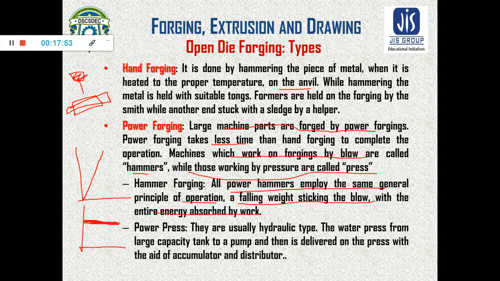In case of power press, what happens? The power presses are mainly of hydraulic type. They give gradual pressure to the workpiece. The water pressure goes from the large capacity tank to a pump, and then it is delivered to the press with the aid of an accumulator and distributor.